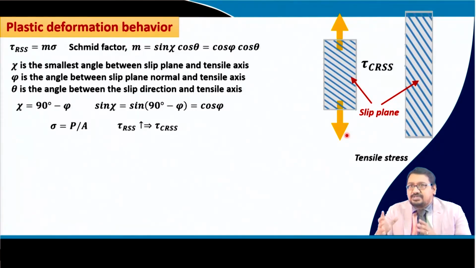The critical resolved shear stress is the shear stress where the slip system will start to slip in order to start the minimum amount of plastic deformation.